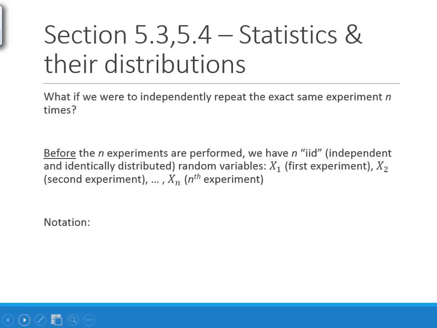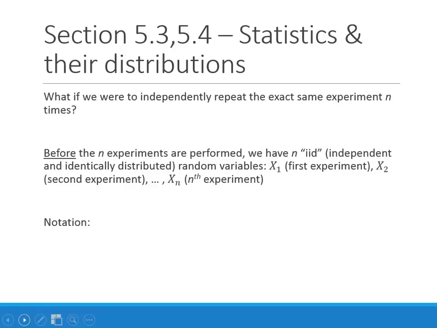But you could think about what if we were to independently repeat this experiment some arbitrary number of times n. So suppose we were to repeat this thing n times. Each one is independent from the others. So before we do this experiment n times, here's some new terminology. We have n independent and identically distributed random variables. So x1 is from the first experiment, maybe from the first day that this person drives to work. x2 is maybe the second experiment, all the way up to the nth time we do this.